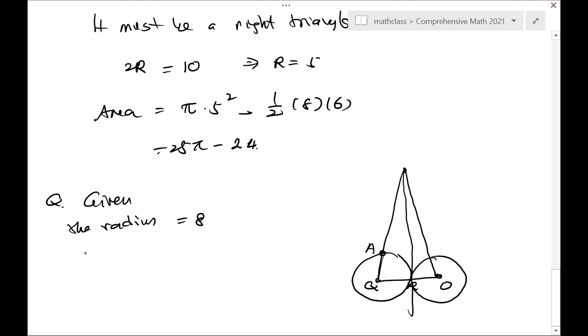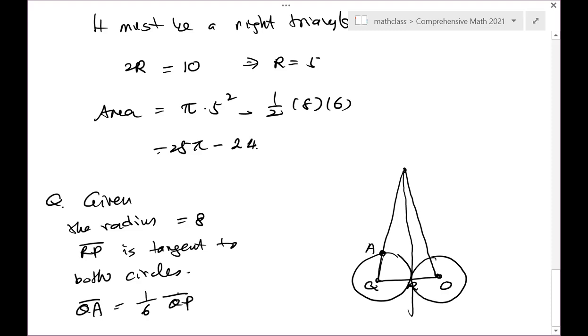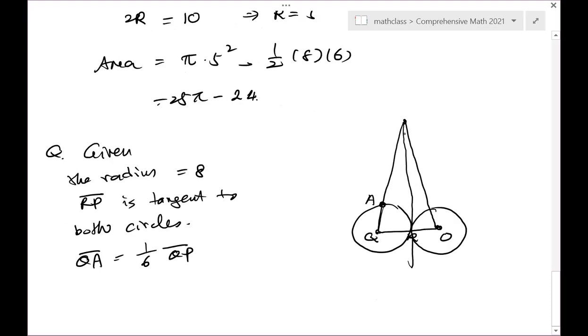RP is tangent to both circles. And QA, we are given, is 1/6 of QP. So we know the ratio of those two.